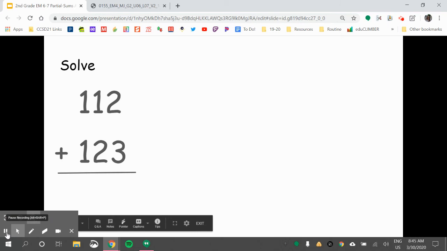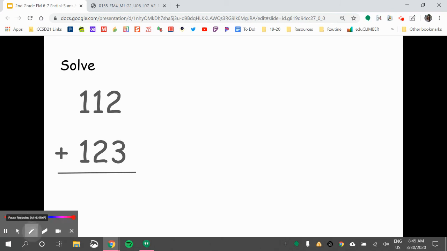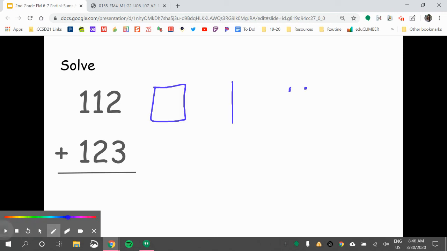So let's try this one more time, but using a 3-digit number. So remember, first, I want to represent my numbers using base 10 blocks. So I'm trying to add 112 plus 123. I'm going to represent 112 like this. I will represent the number 123 like this.